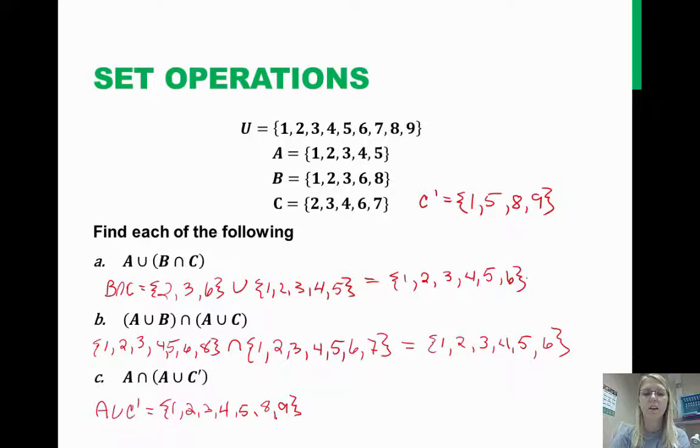So now we need to find out what in set A intersects with this. So I'm just going to copy set A here. And notice that 1 through 5 is in both sets. So that will be the answer.